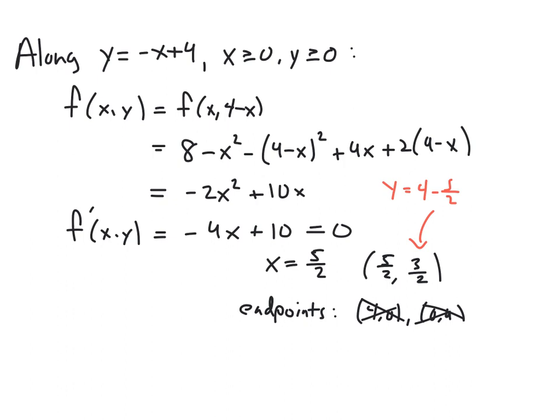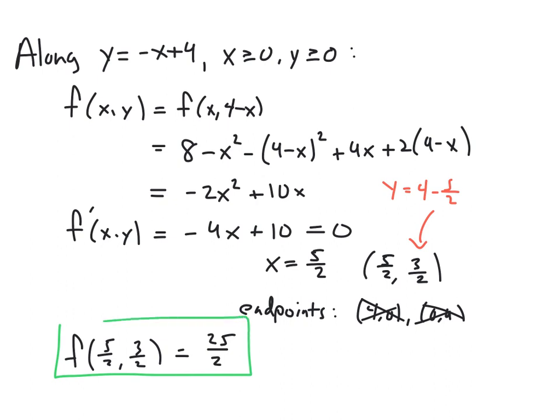We already included those. So really all we need to know is the value of f of 5 halves, 3 halves. It's our only new value to consider. And so when we substitute that into our function, we're going to get 25 halves. So this is our new value to consider.